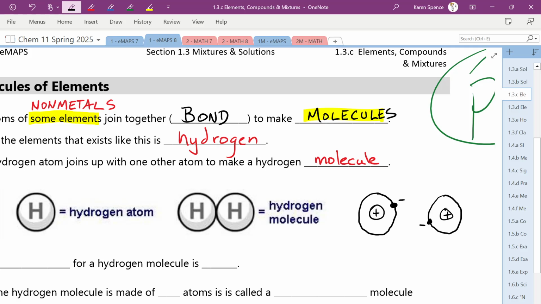Not full. Do atoms like to be full or not full? They like to be full. That is a stable state for them. Okay, when I say stable, what I'm referring to is if I have this calculator up here, it is unstable compared to being down there. Things will naturally go to a more stable state.